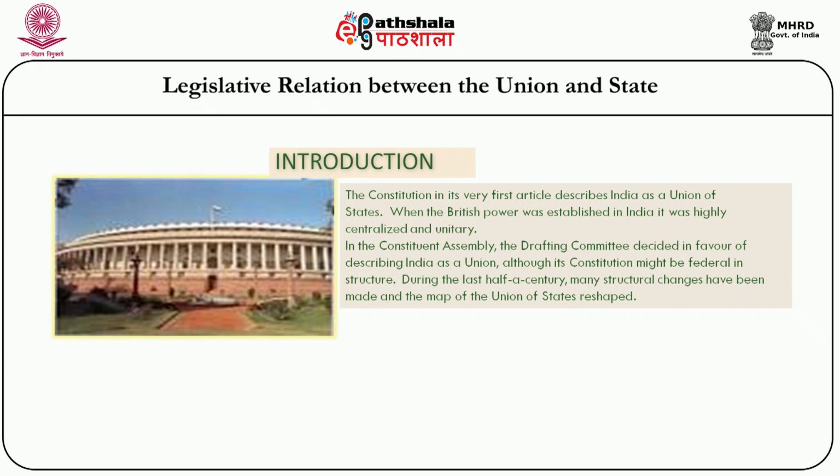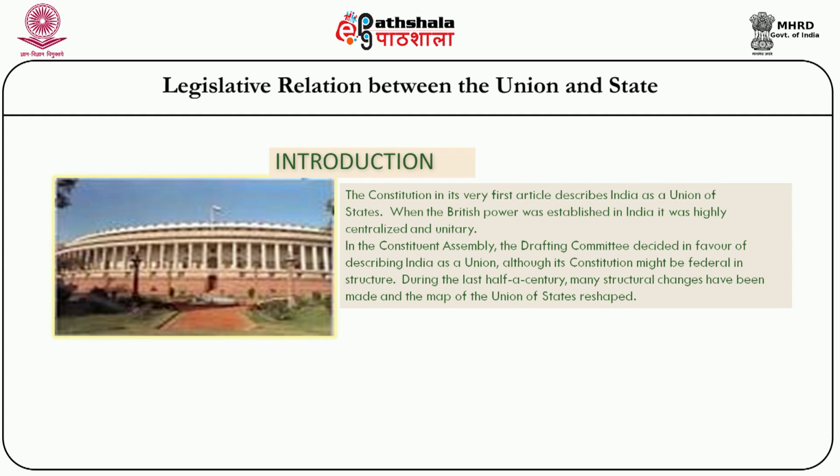Firstly, the Constitution of India, in its very first article, describes India as a Union of States. When British power was established in India, it was highly centralized and unitary. And you know that in the Constituent Assembly, the drafting committee decided in favor of describing India as a Union.